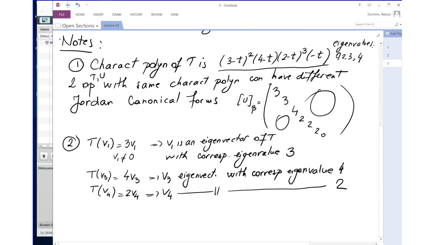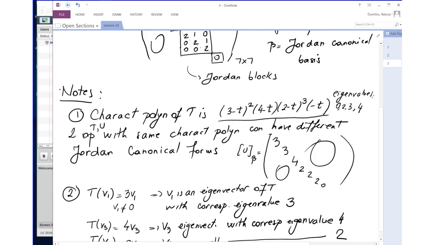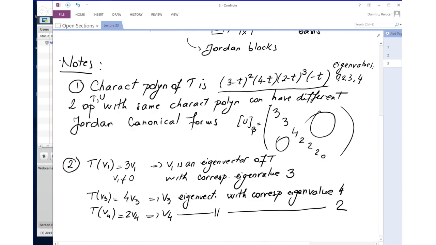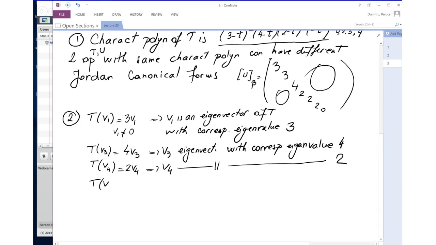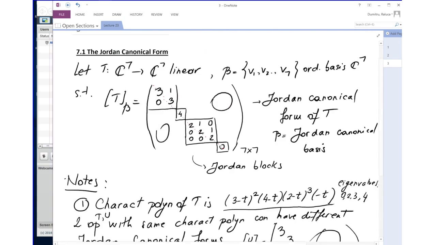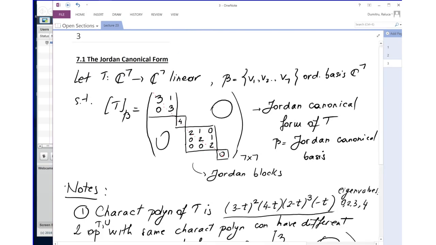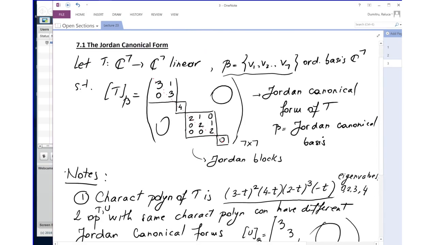That will correspond to 2. And V7. So V1, V3, V4, V7, among these will be eigenvectors. What about the rest?